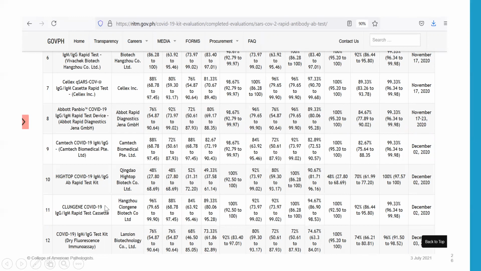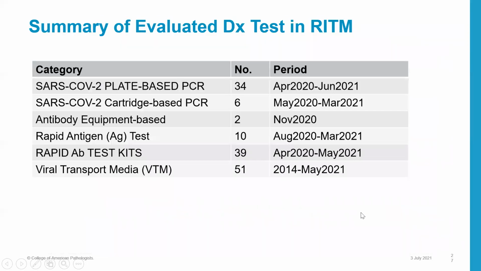And then what is more commonly used now is the Clungene, and so far it has acceptable specificity and sensitivity both for IgG and IgM, and this was registered in December 2020.